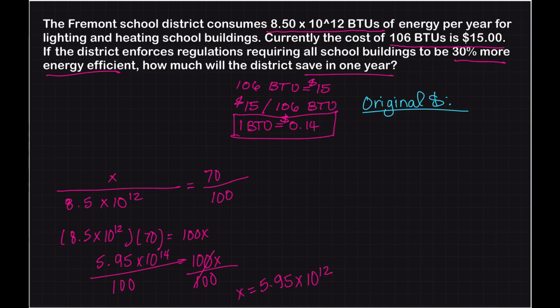We'll do 8.5 times 10 to the 12th times 0.14.